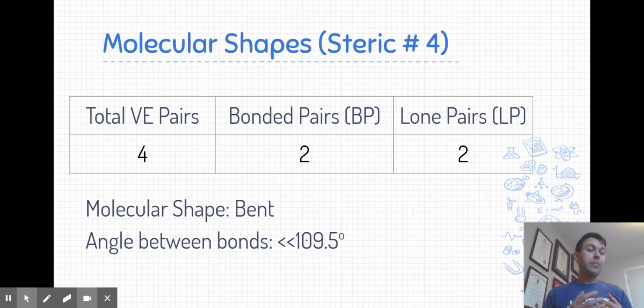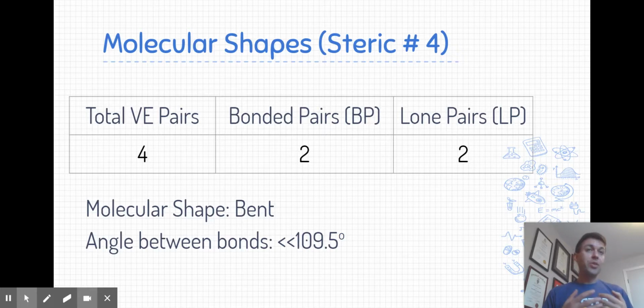The angle between the bonds is now decreased even further from 109.5, and that's because we have 2 lone pairs causing even more repulsion, pushing the bonded pairs closer together. Using water as an example, water's bonds are about 104, 105 degrees apart, so we've decreased the angle even further from the idealized tetrahedral shape, 109.5.